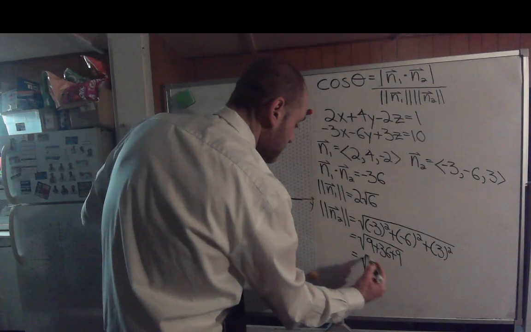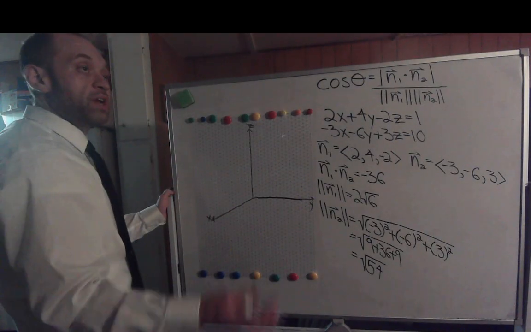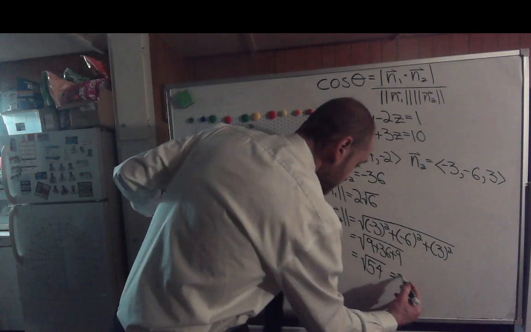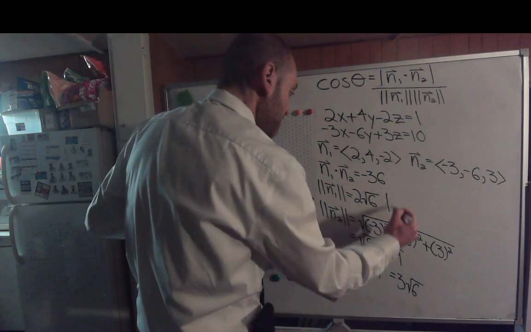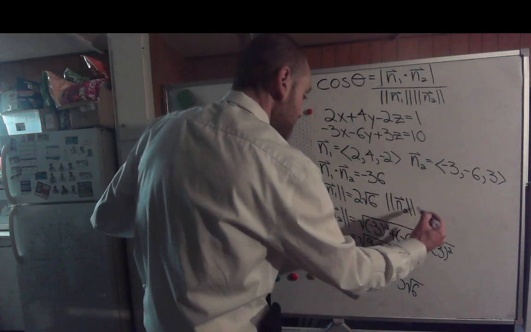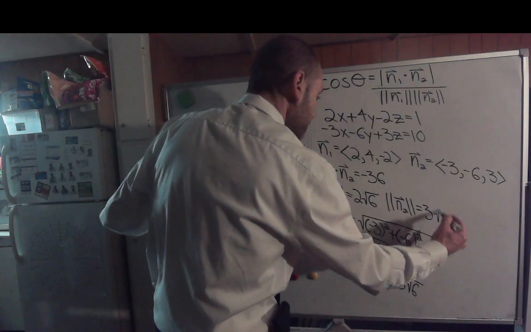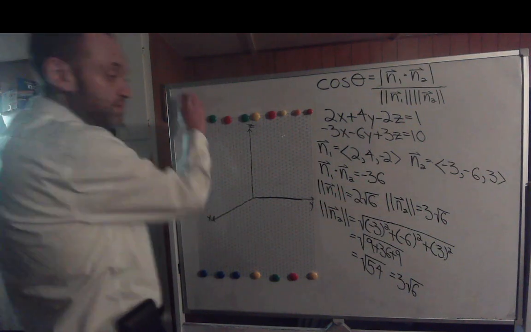So that's the square root of 54, which breaks down into the square root of 9 times the square root of 6, which would equal 3 times the square root of 6. So the magnitude of the second normal vector becomes 3 times the square root of 6. All right, so there's the magnitudes of the vectors.